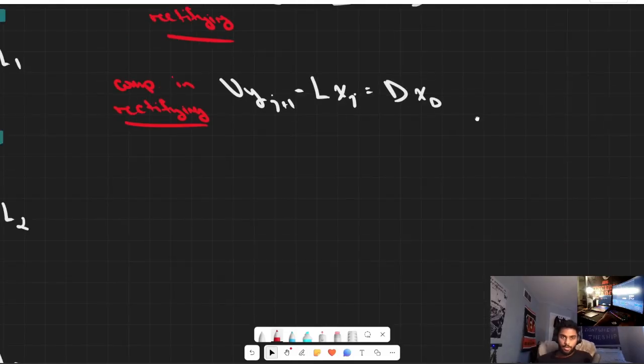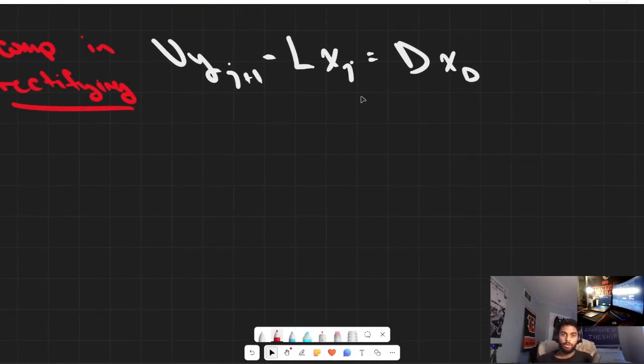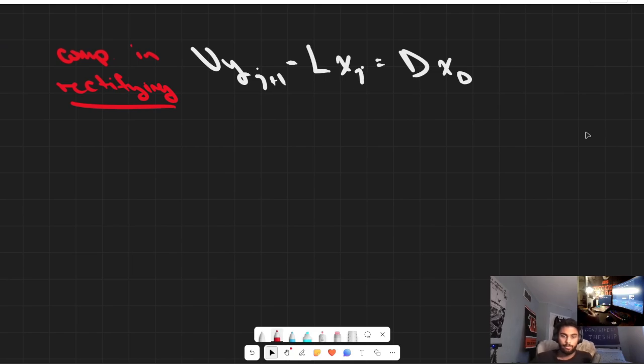So our next step here, we're going to follow along with our component-based rectifying mass balance. I'm going to divide across and isolate our y of the stage below.